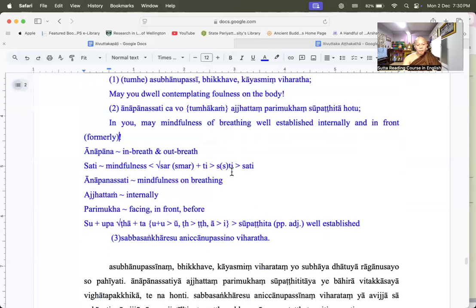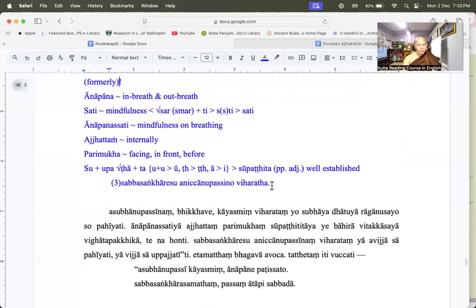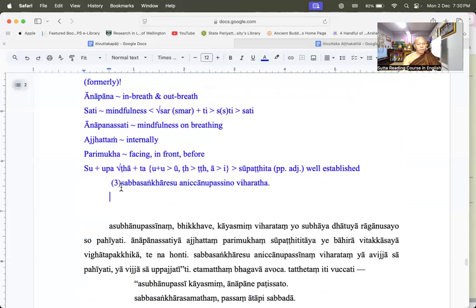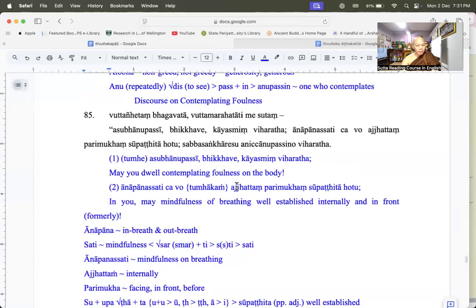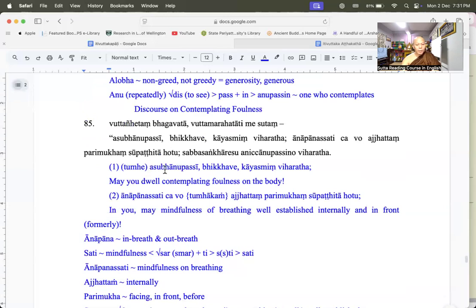And then now that line, that information. Sabba Sankharesu Aniccanupassino Viharatha, established that. So here three things. One is Asubha, second is the Anapanasati, and that one is Aniccanupassino. This Aniccanupassino is also in the first line, only Asubhanupassi, but like that.